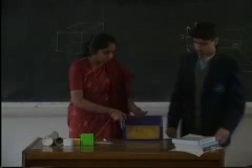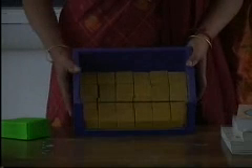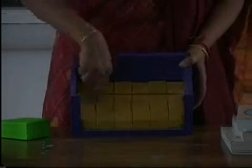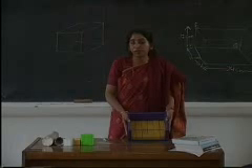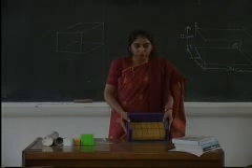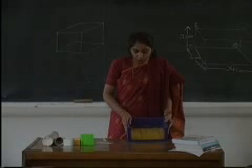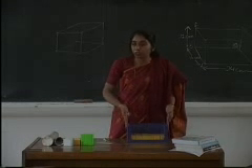Good. So here we have 6 cubes and 4 such lines. So 6 fours are 24 such unit cubes placed inside this cuboid so that we can cover up the entire base area of OABC.